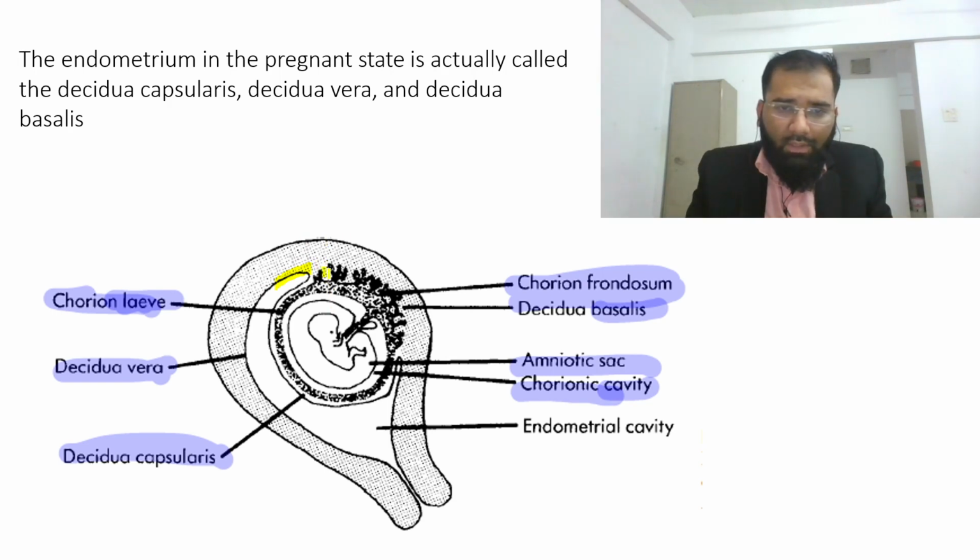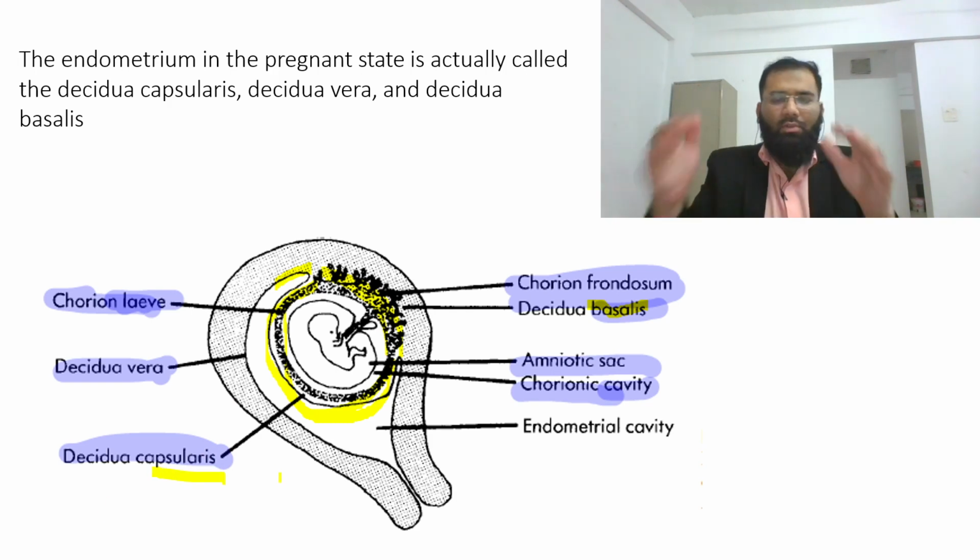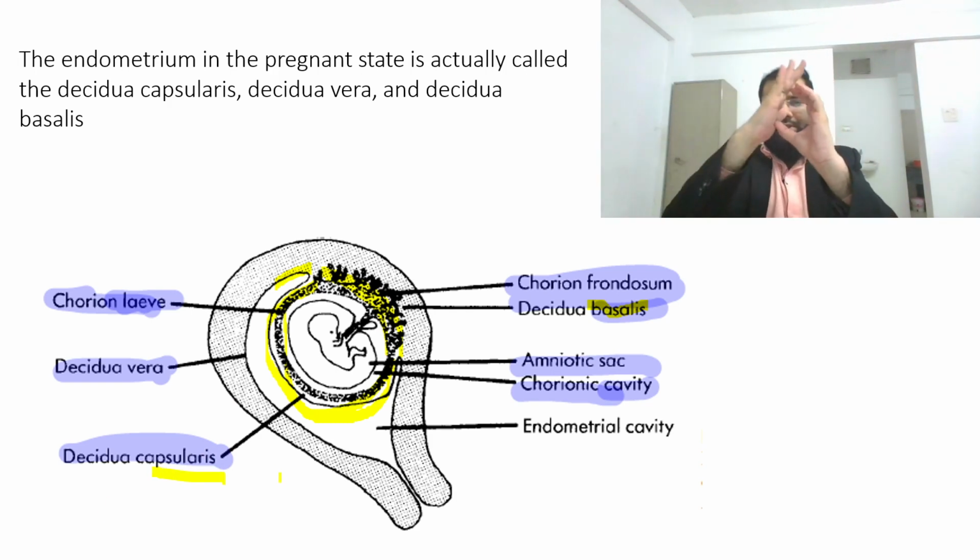The one which is here in the basal region, this is called decidua basalis. The one which is over here in this region, which is lining the G-sac, this is called decidua capsularis, as it forms a capsule-like structure surrounding the G-sac.